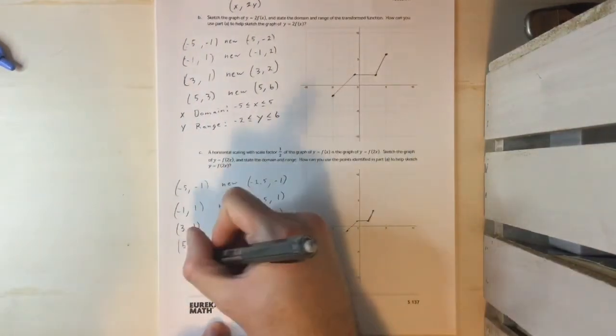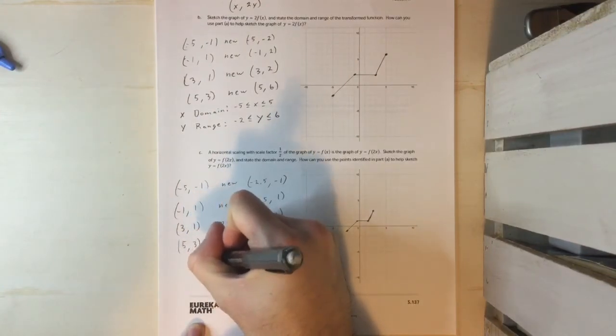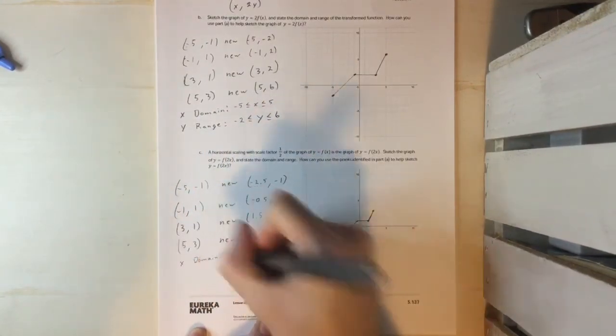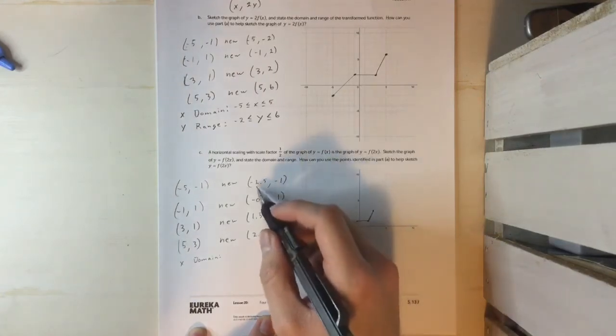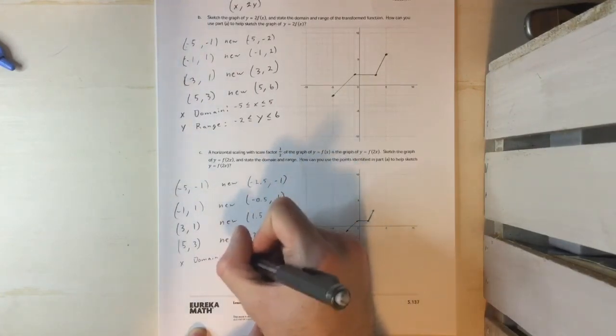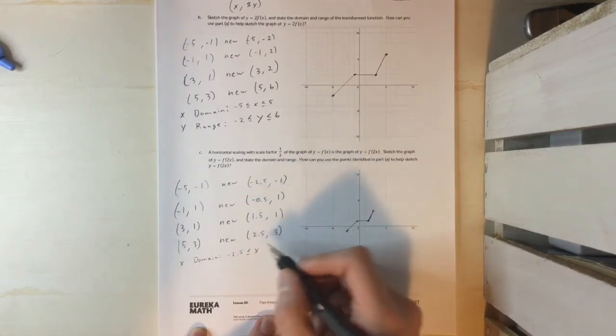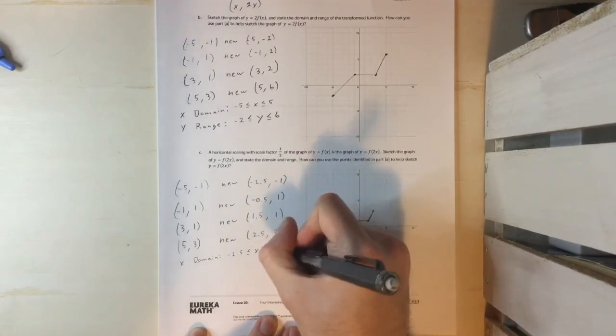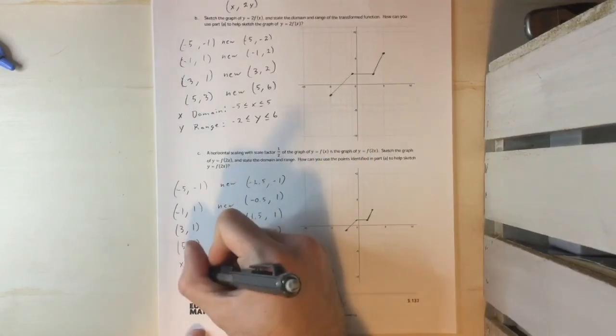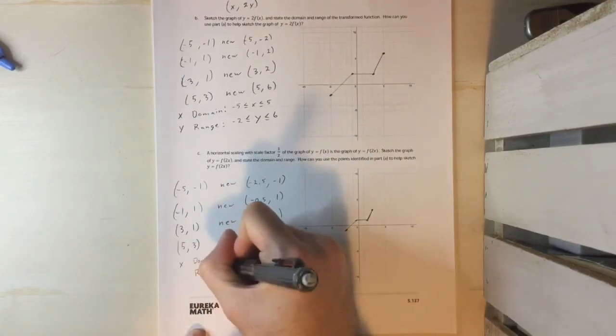So it wants us to state the domain. If we remember, the domain is our x. Now we go from -2.5, that's our smallest, less than or equal to x, and our largest is 2.5, so less than or equal to 2.5. Our range was not affected at all.